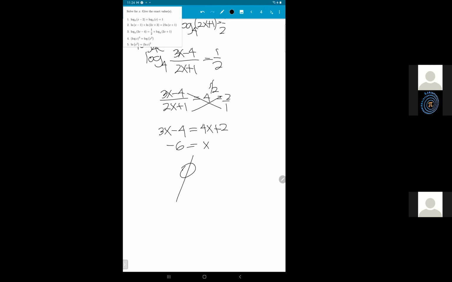Okay, or maybe if you know how to use Canvas well, you can put in the empty set itself, or the symbol for the set that contains nothing. Anyway, it will be manually checked, so it doesn't matter how you write down your answer as long as it's correct. Any questions so far?